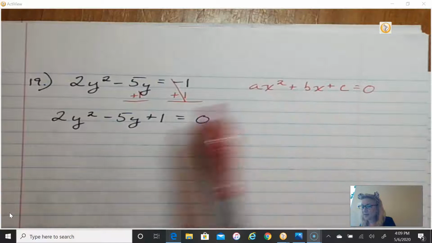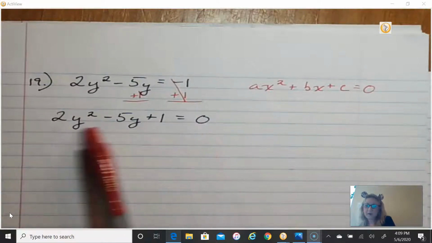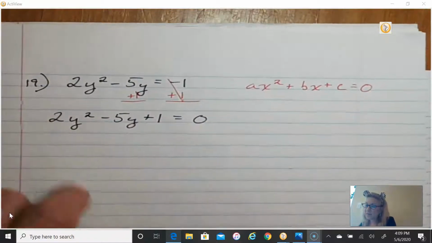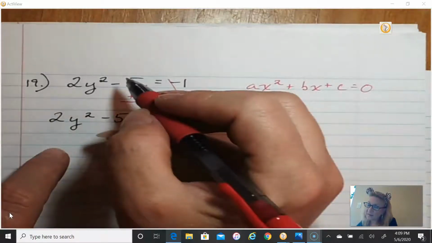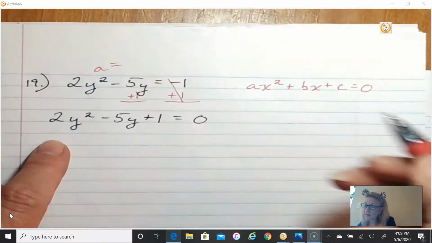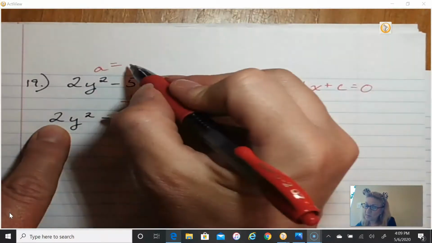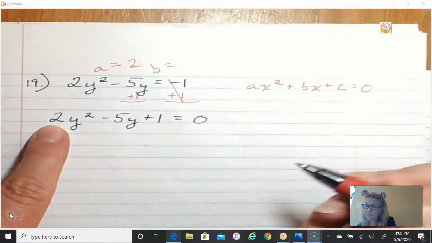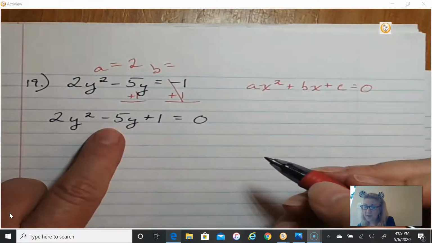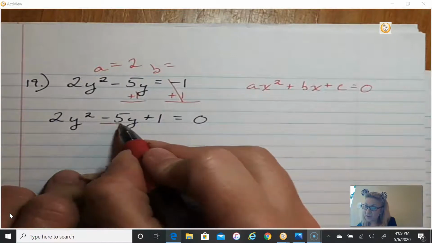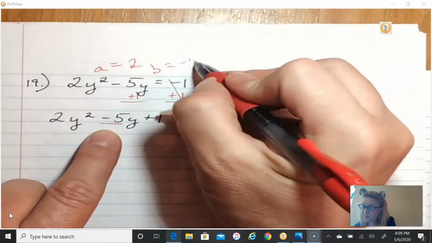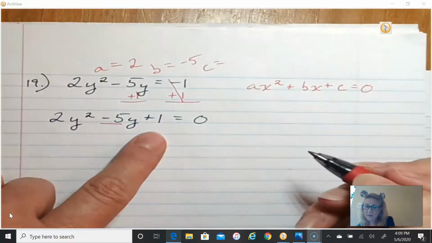Okay, so now we have the formula in the correct form. So let me ask you, what is your A? A is 2. What is your B? Negative 5. See that? Make sure you include that negative sign. What is your C?